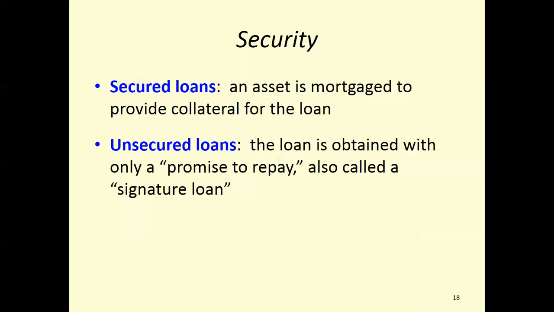So, if you're not familiar with the word collateral, what that basically means is if you don't pay the loan back to the bank, they can take ownership of the property for which you borrowed the money.